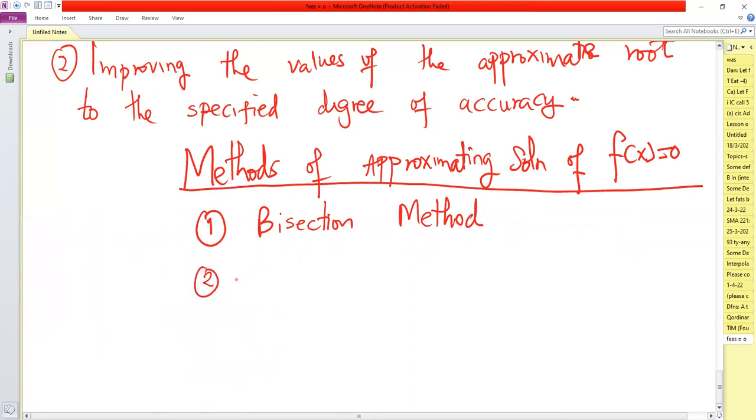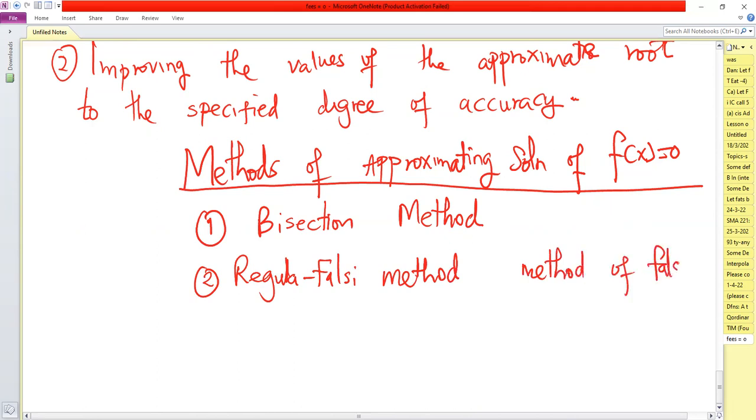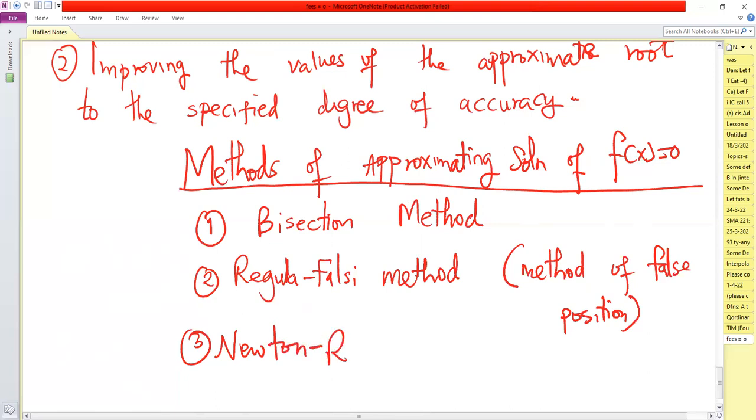The second method is the regula falsi method, also called the method of false position. Number 3, the Newton-Raphson method. And lastly, the secant method.